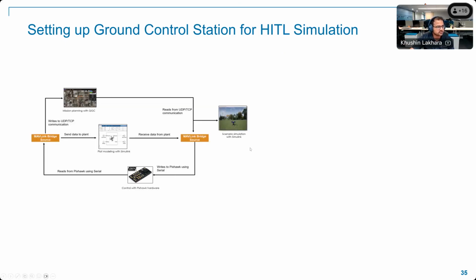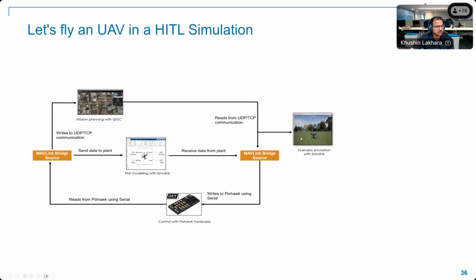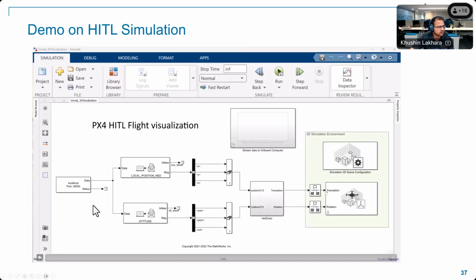In the previous session, we also talked about how you can do the scenario simulation, and how you can do the flight modeling. So let's see in this small demo how it works. Assume that we have different MATLAB sessions running, and each MATLAB session has a single Simulink model.